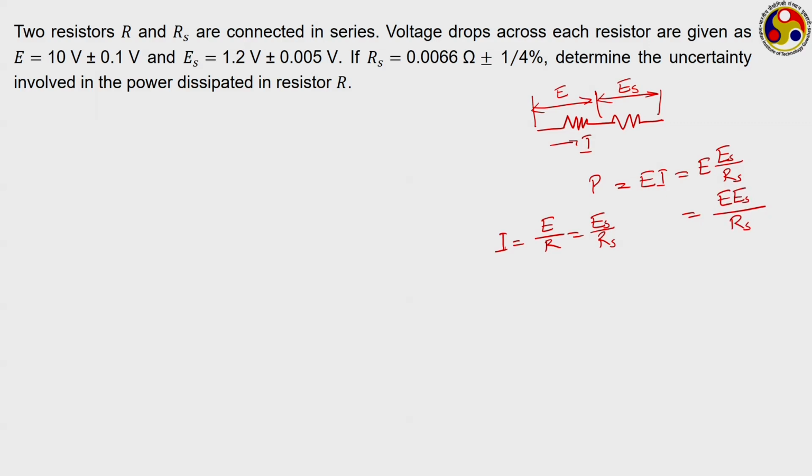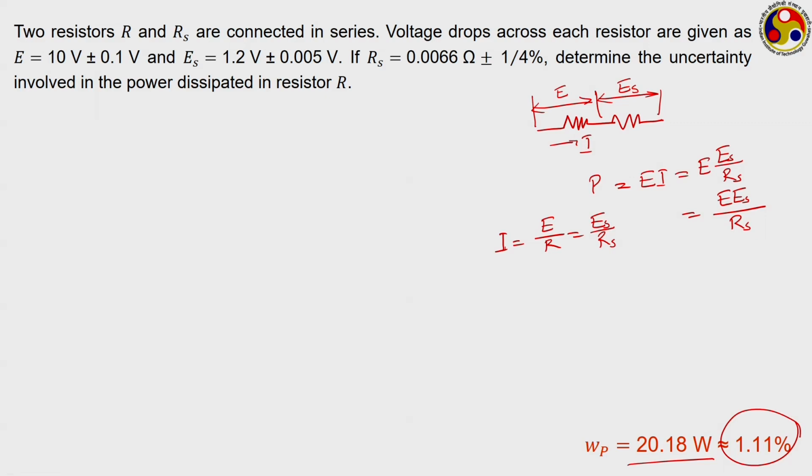So we have a relationship between the desired quantity which we want to calculate and the three values which are measured and whose uncertainties are given, and this is the corresponding power error that you will be getting, 20.18 watt or 1.11% uncertainty. I request you to do the calculation.